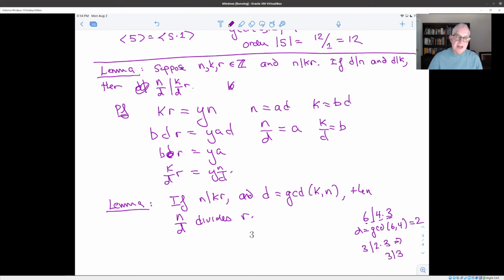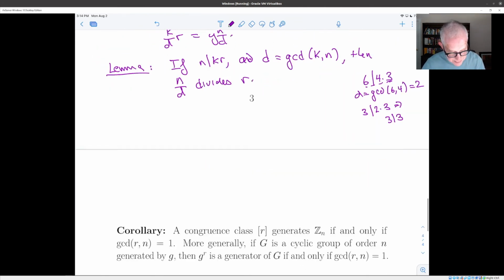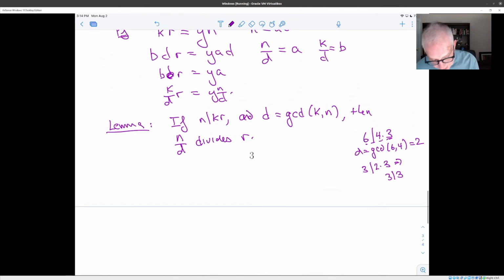And this is where we finally have to use the Euclidean algorithm. So the proof here is that we write the greatest common divisor of K and N as a linear combination of K and N using the Euclidean algorithm. So by Euclid, we have xk plus yn equals d.